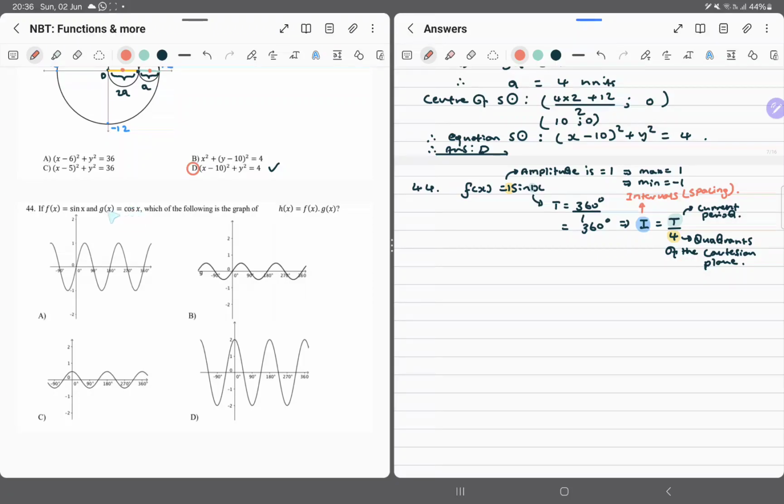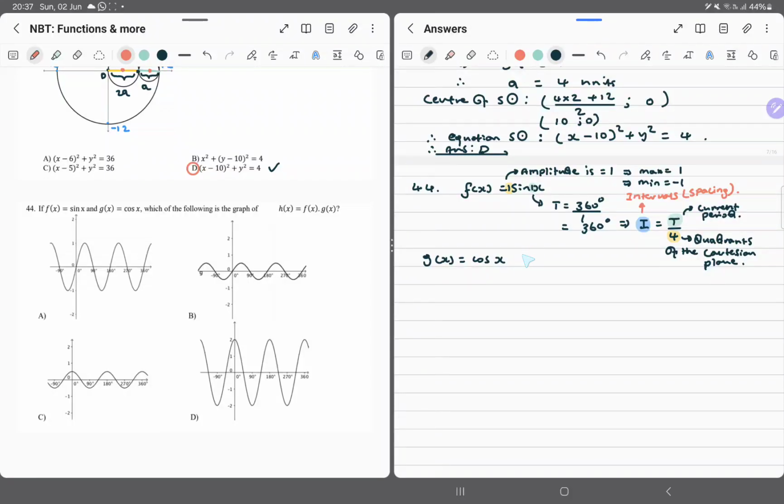Okay, so now the question says g of x is cos of x. Essentially, we've got f and we've got g of x is equal to cos of x.